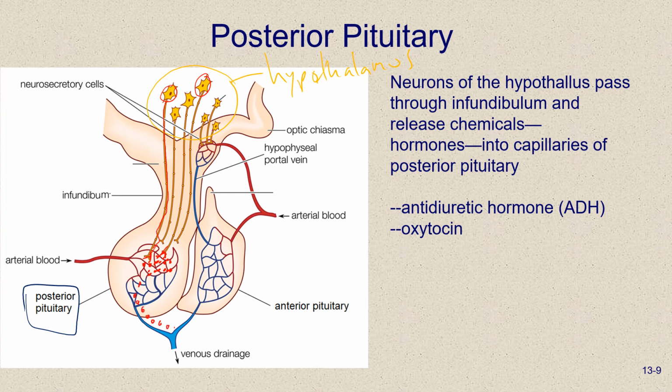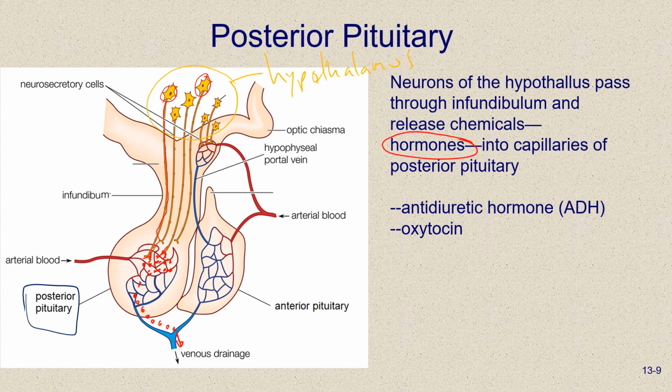away by the blood. Because the chemicals that are released by these neurons enter into blood and are carried widely through the body through the cardiovascular system to stimulate cells that are far removed from the posterior pituitary gland, the chemicals released by these neurons are technically referred to as hormones.